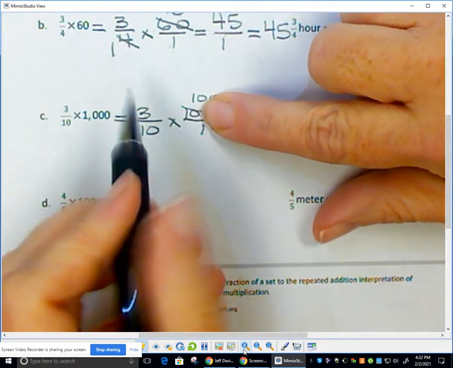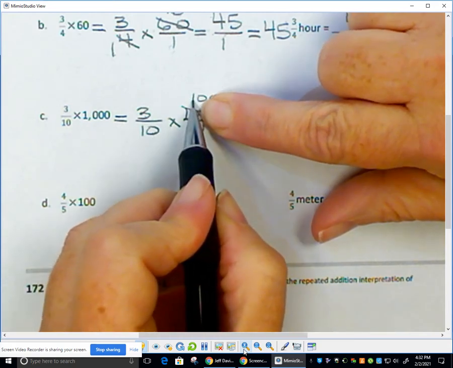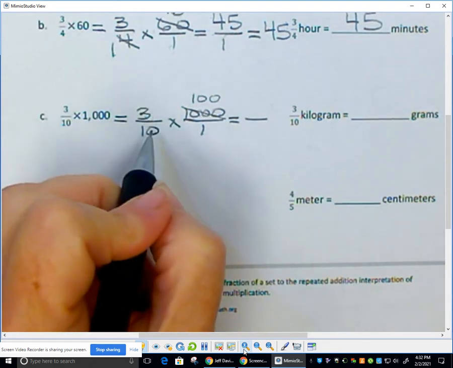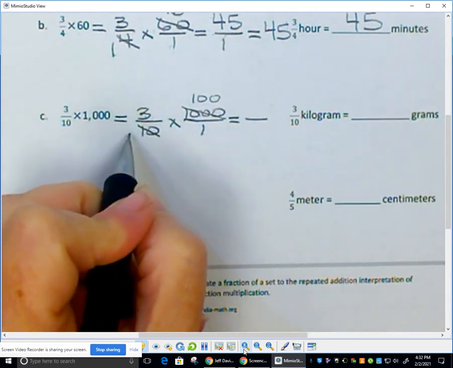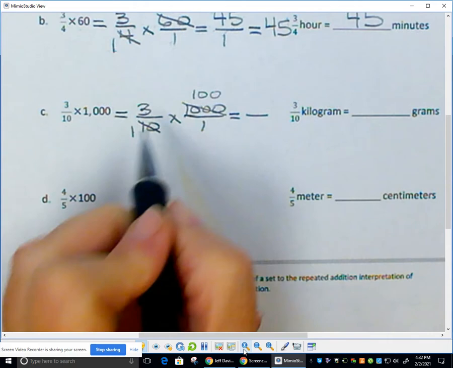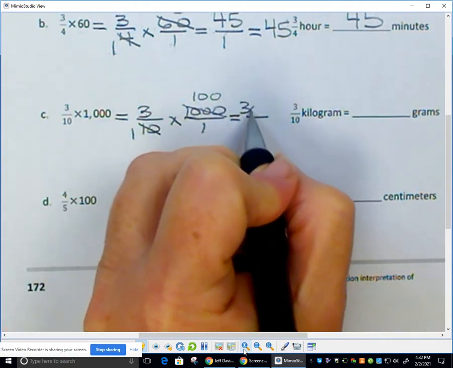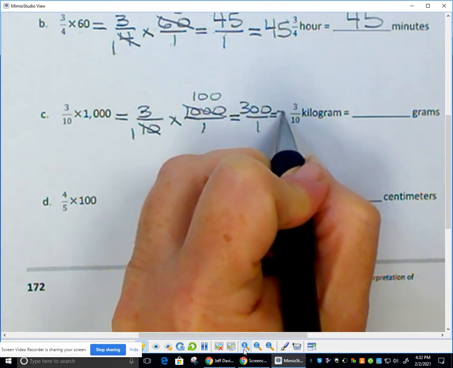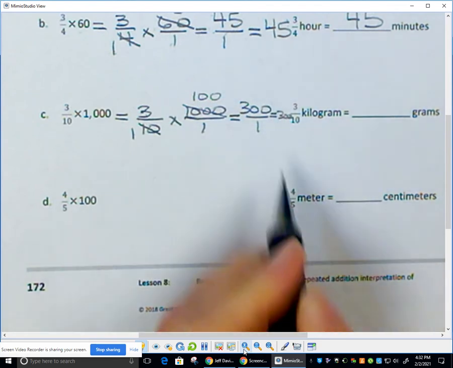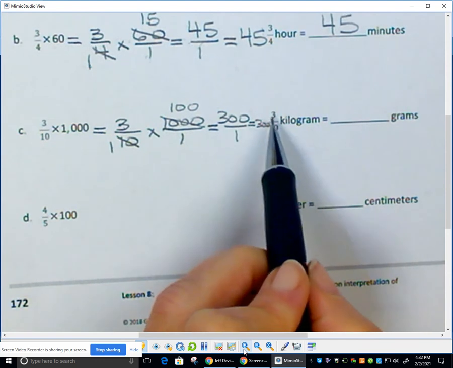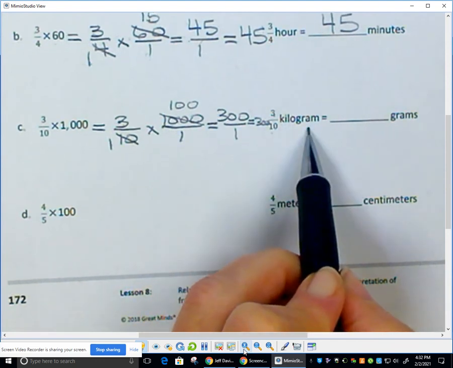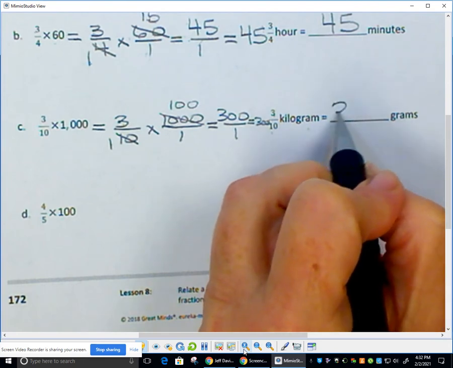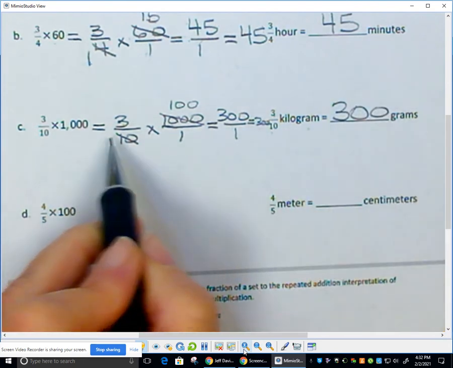Remember, we could say 10 goes into 10 1 time and then put those 2 zeros with it. And 10 will go into itself 1 time. And 3 times 100 is 300. 1 times 1 is 1. And that equals 300. Now, 3/10 of a kilogram equals 300 grams. We're just writing this answer.